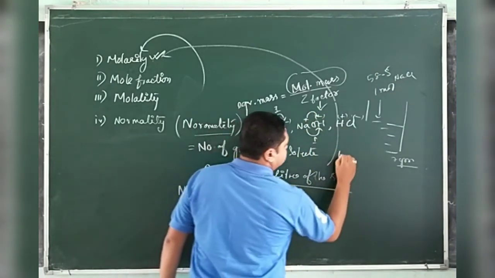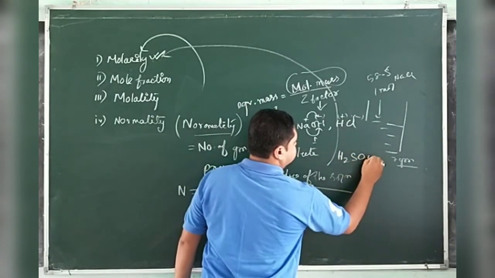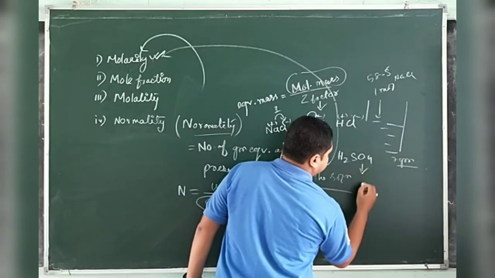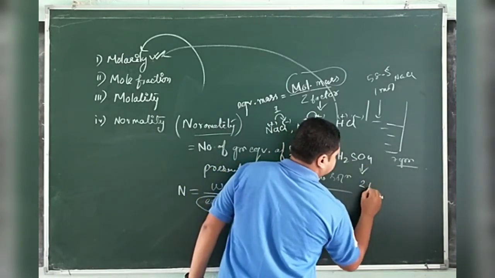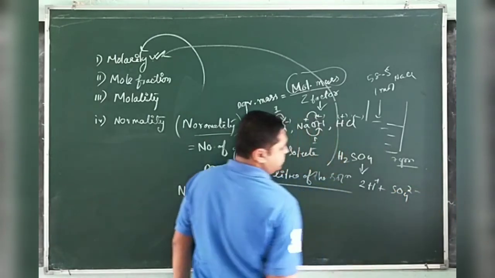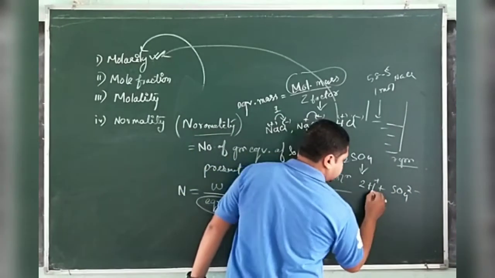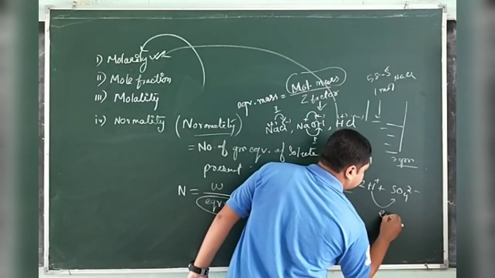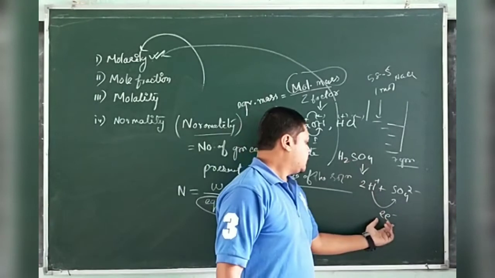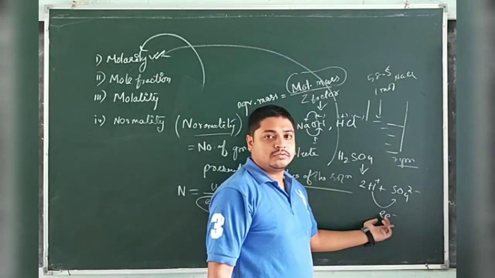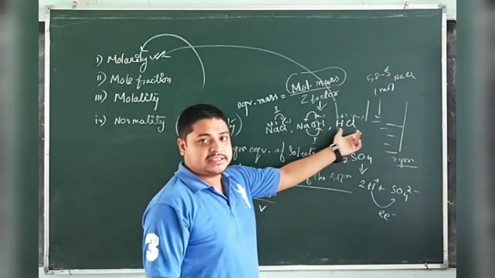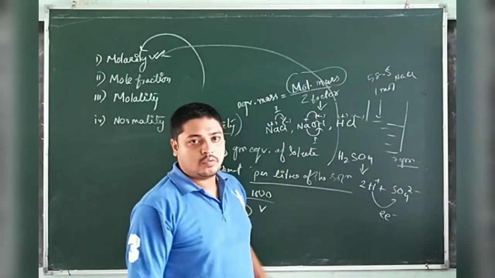But in case of H2SO4, when it dissociates in a solvent, it dissociates into 2 H positive and sulfate 2 negative. So the number of electrons transferred in this case is 2. So in case of H2SO4, the Z factor is 2, not 1. But in case of NaCl, NaOH, HCl, the Z factor is only 1.